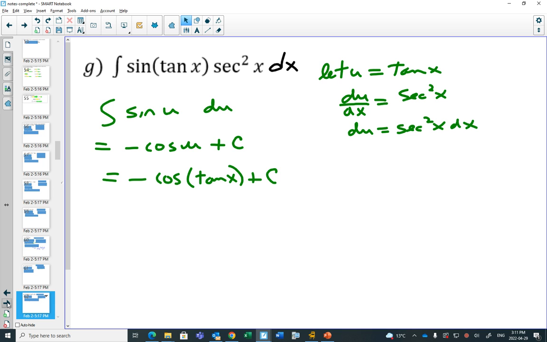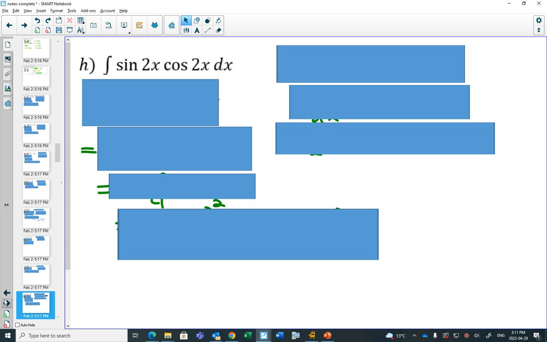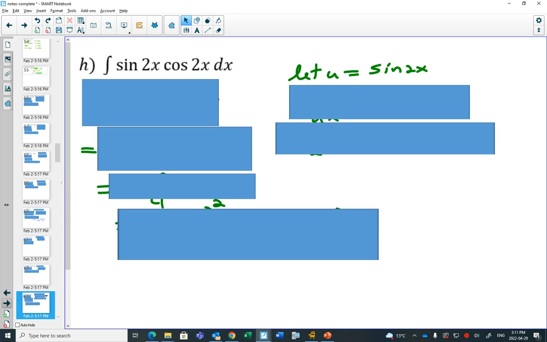All right, I'm going to do h in 3 different ways. H number 1. The most common way is you make u equal to sine 2x. Now, the derivative of sine 2x has a chain rule, so it's going to be cos 2x times 2.